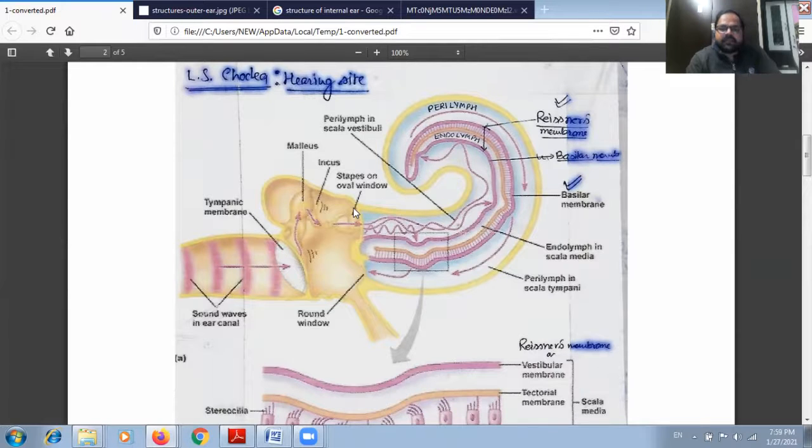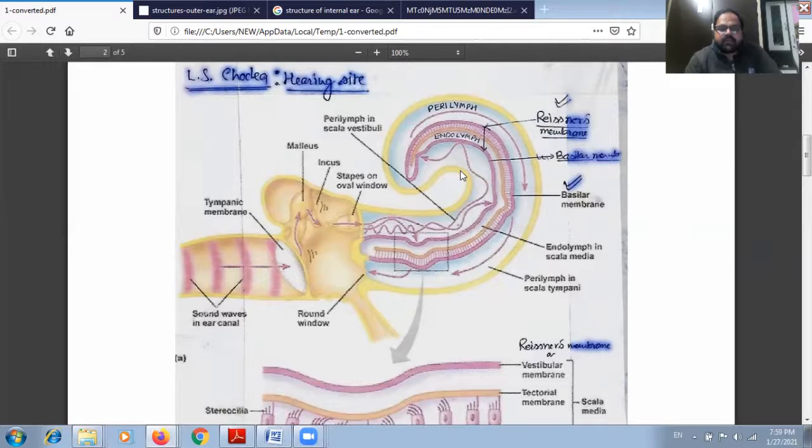We will see this structure in detail also. So this one is the auditory canal, then the tympanic membrane, then three ear ossicles. This one is the eustachian canal, and this one is the oval window, and below it the round window is there, and this one is the cochlea.